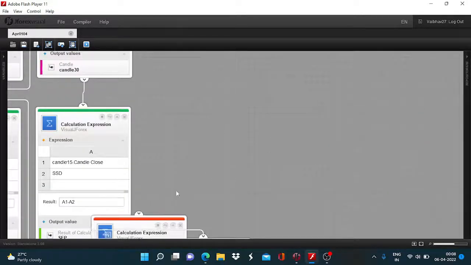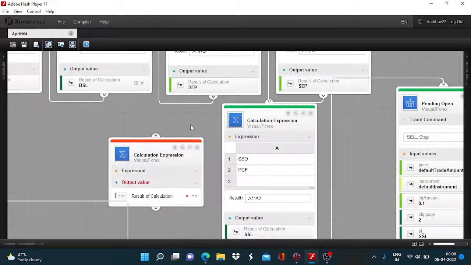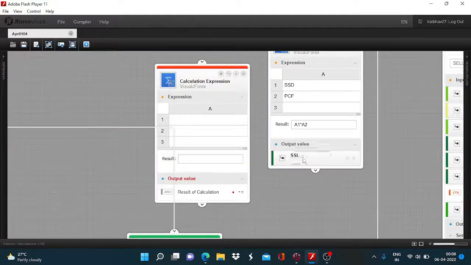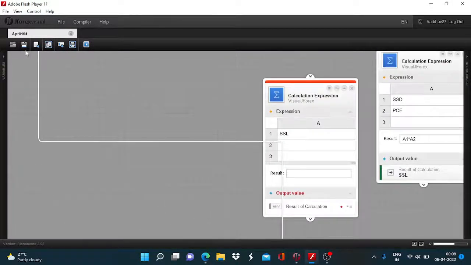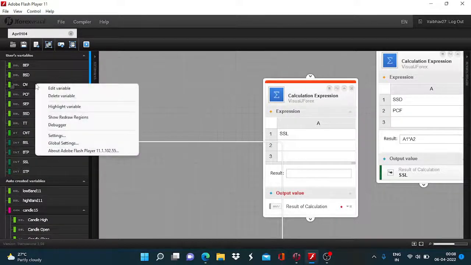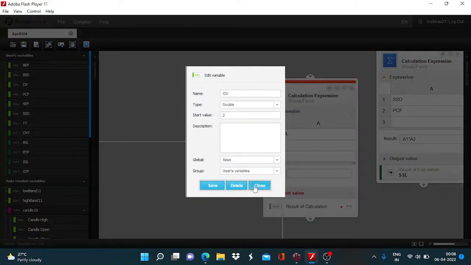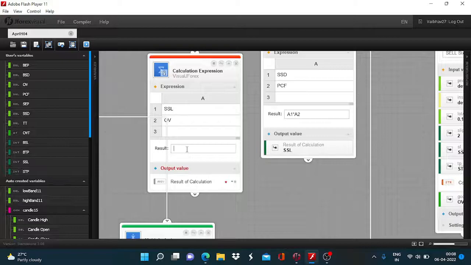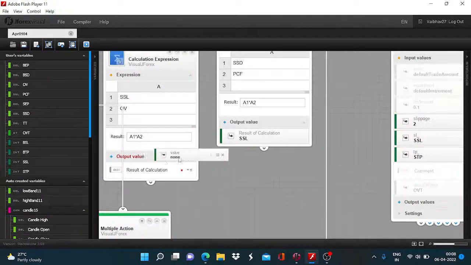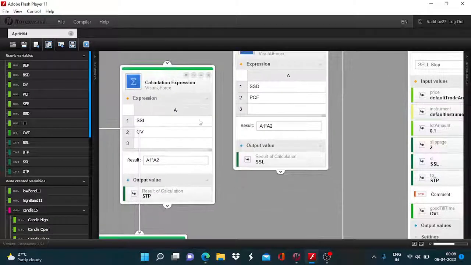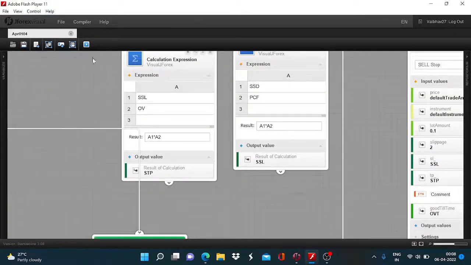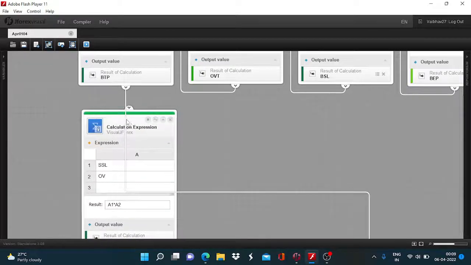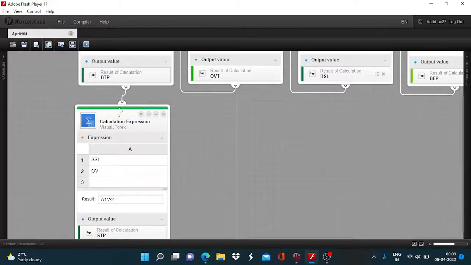And take profit will be twice of the stop loss. So whatever is the stop loss, we multiply it with 2 to arrive at the take profit level. And we have this variable in place, OV, with the value of 2. So I simply take that, and again it will be A1 into A2. And we have this variable in place, so I will assign it here. Alright, now we have to join it through the trade iteration flow.